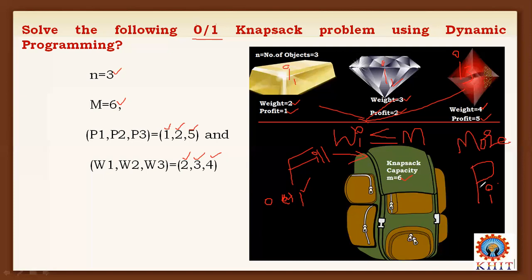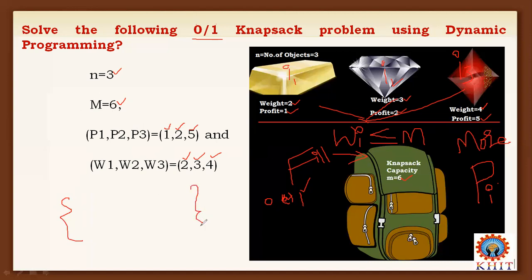The problem can be solved by using dynamic programming. Here, the values of profits and weights are positive integers, not negative integers.